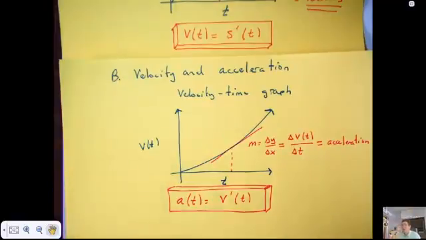So look, that gives a very nice connection now, because if you have the position function, then you can easily find the velocity function, and you can find the acceleration function. Okay, so that's all connected. All right, so let's use this to solve a couple problems.